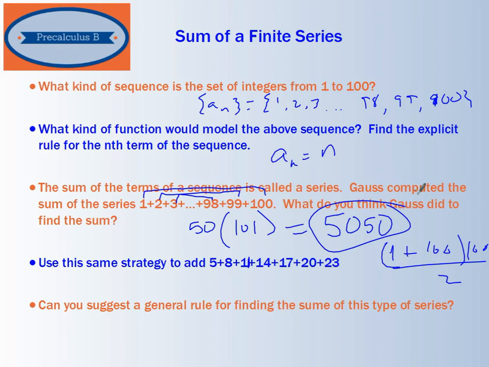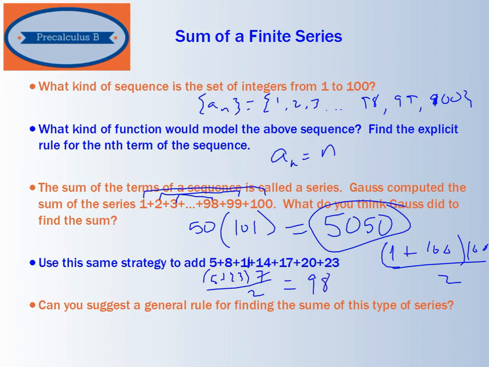How might we use that same strategy to get the answer? We would take the first and last term and add them together. So it's 5 plus 23, all times the number of terms. How many terms are there? There are 7, all divided by 2. And when we do that, we end up getting 98.